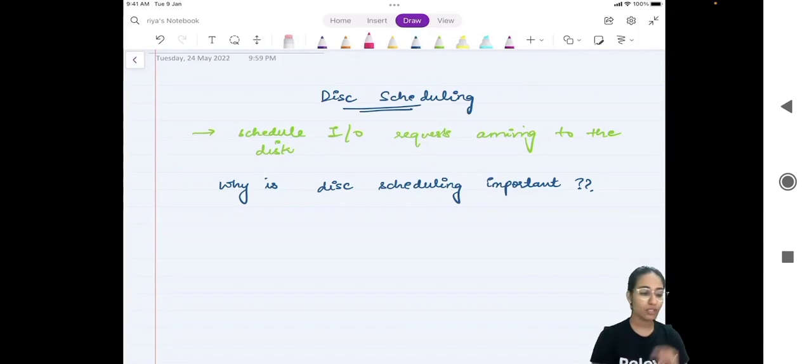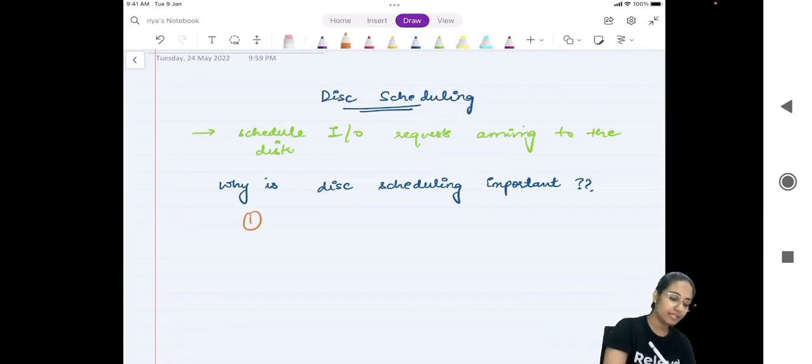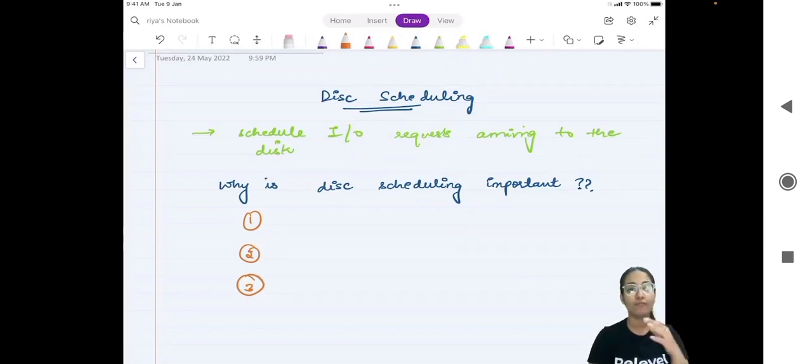So a total of three reasons were discussed here. Reason number one: a lot of requests come from multiple processes, but the disk controller can only schedule one request at a time, so all the other processes have to wait in a queue, and we need proper mechanisms so that their scheduling can be done in a proper way.